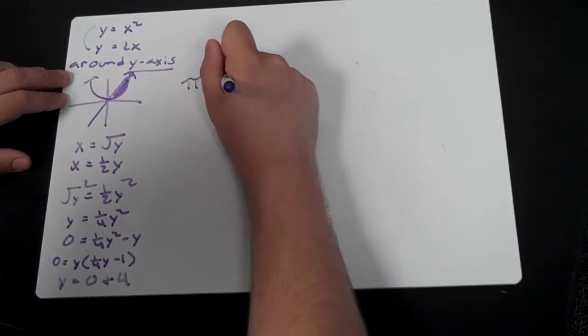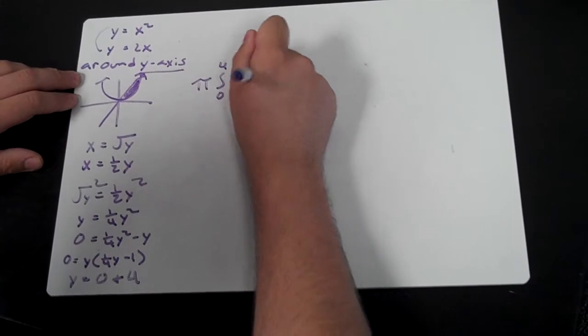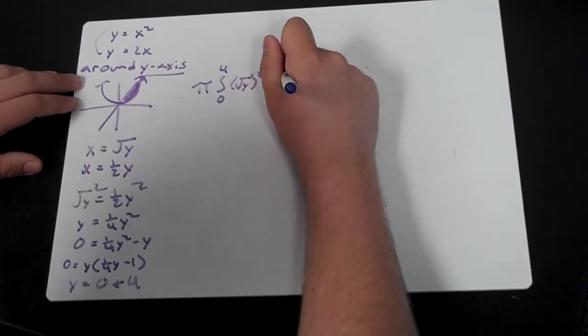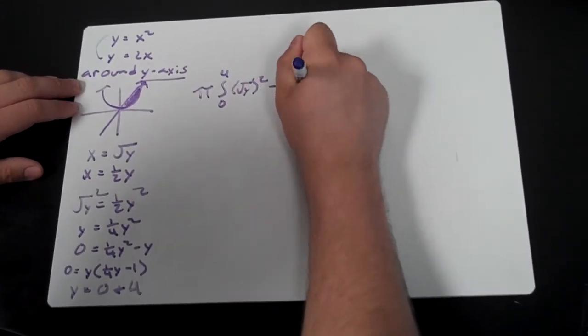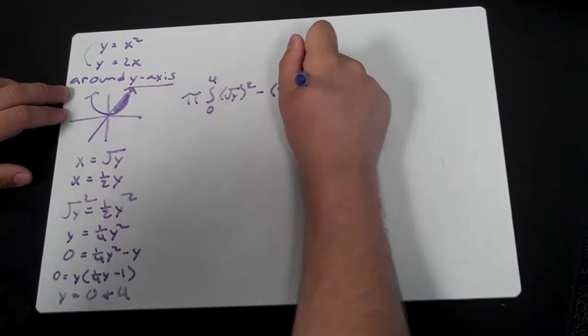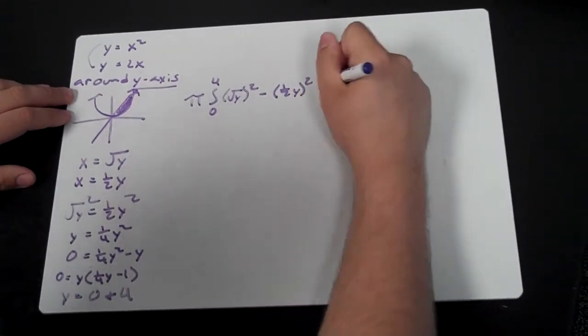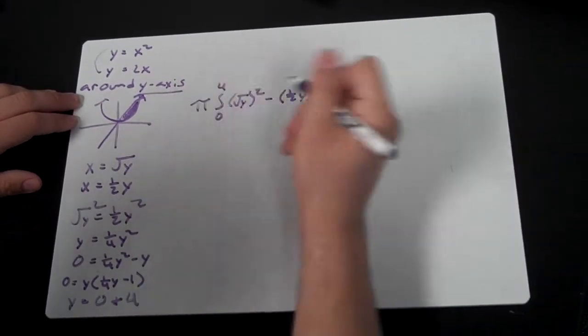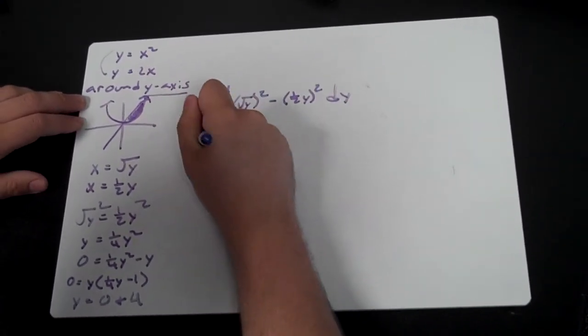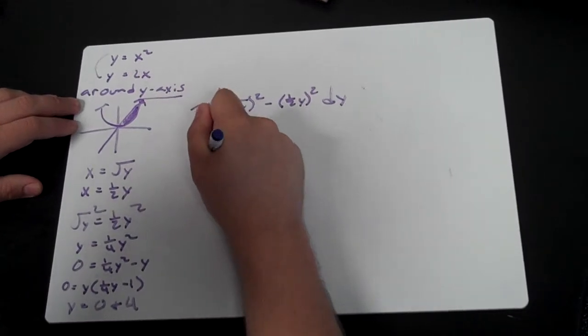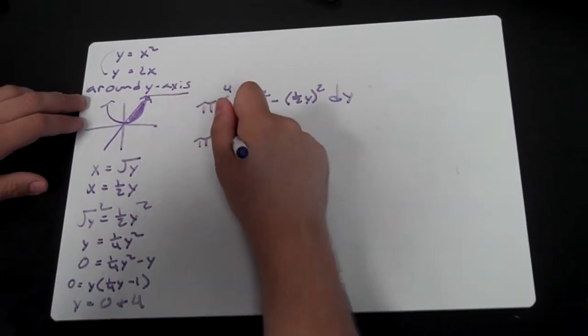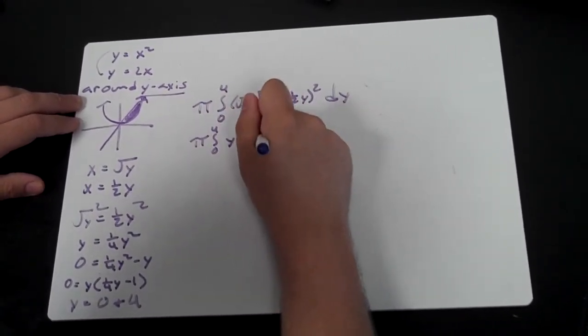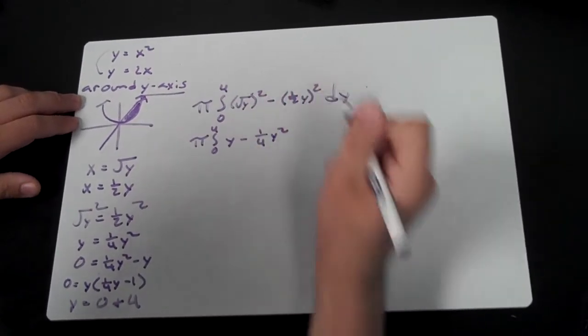So root y squared minus 1/2 y squared, and don't forget your notation, dy. That's going to become pi times the integral between 0 and 4 of y minus 1/4 y squared.